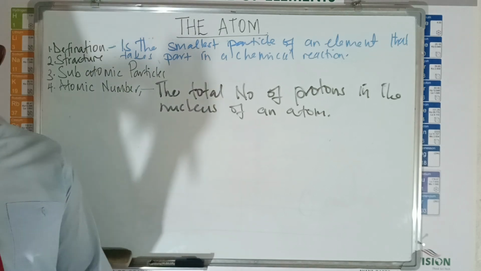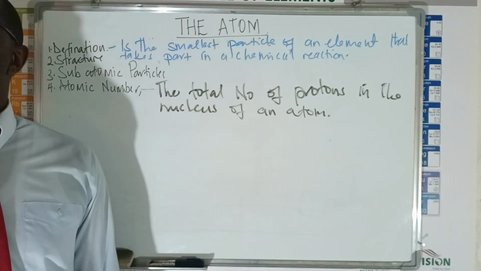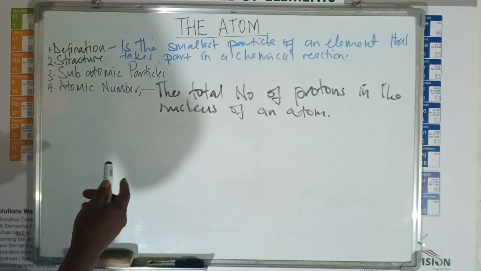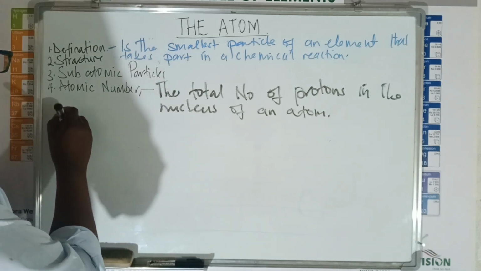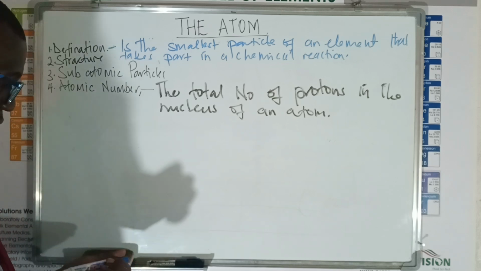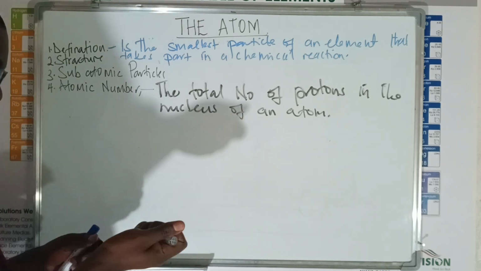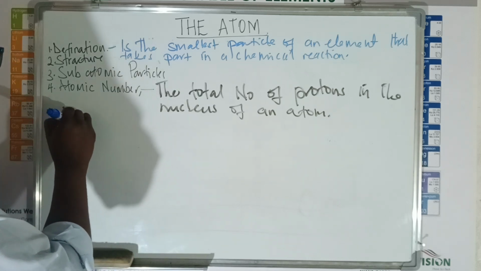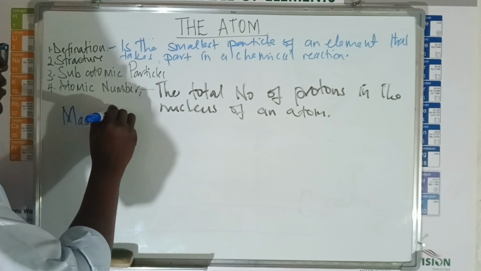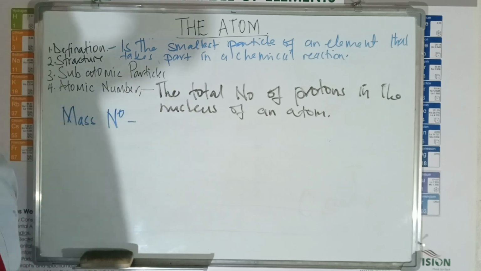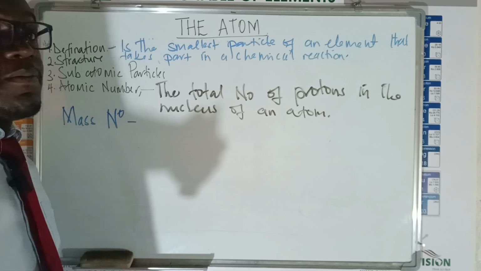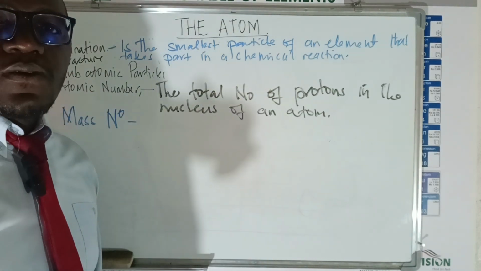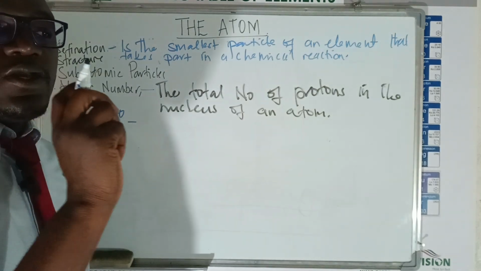So then we come to the second number, which is mass number. Now, from what you've learned about the subatomic particles, the mass of an atom is determined by neutrons and protons.